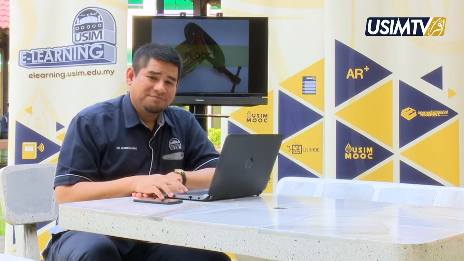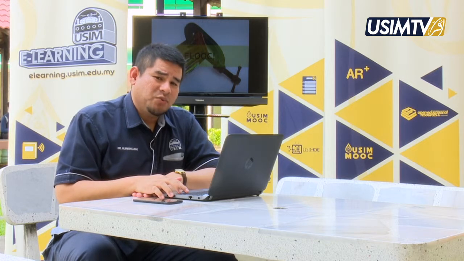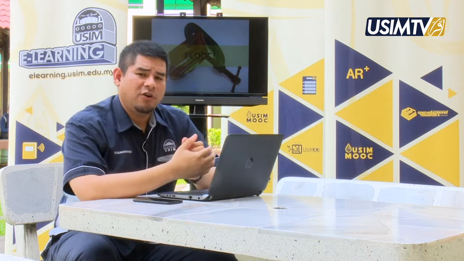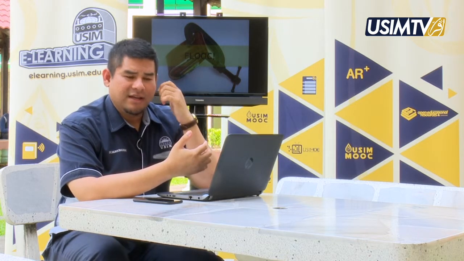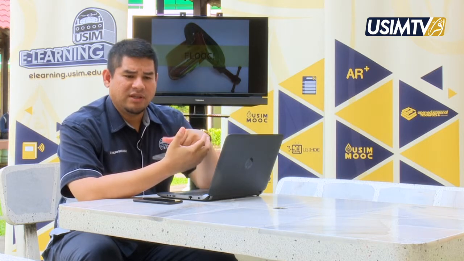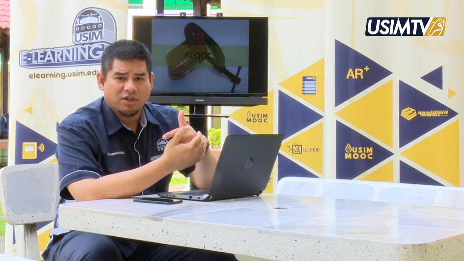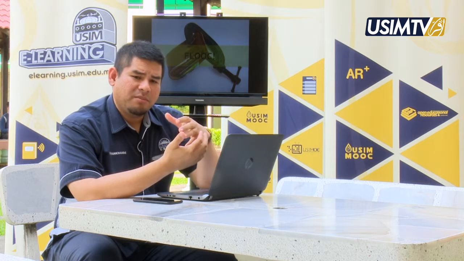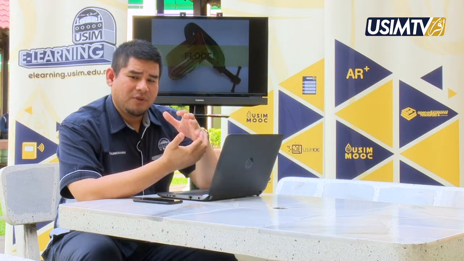So what about FLOOC? What are the differences between FLOOC and other open online courses? I see that normal open online courses, whether cMOOC or MOOC, focus on the platform, and normally they start the MOOC with a video.